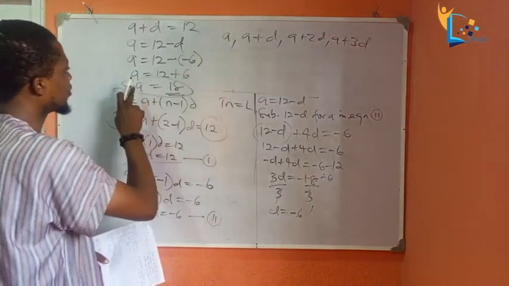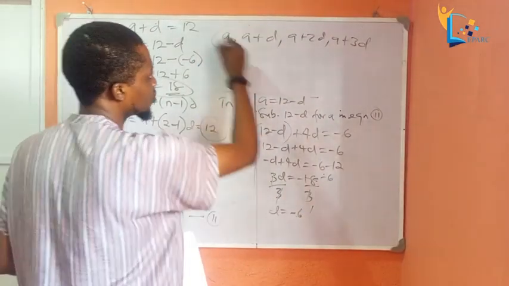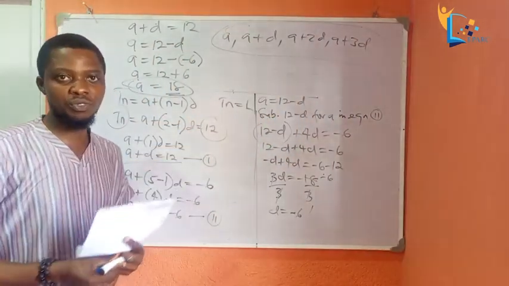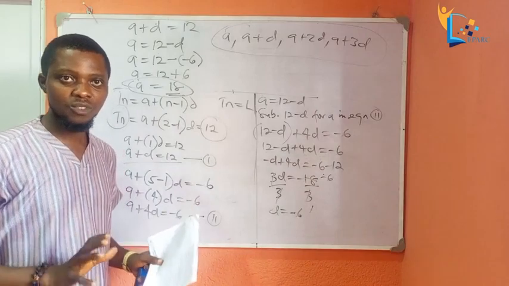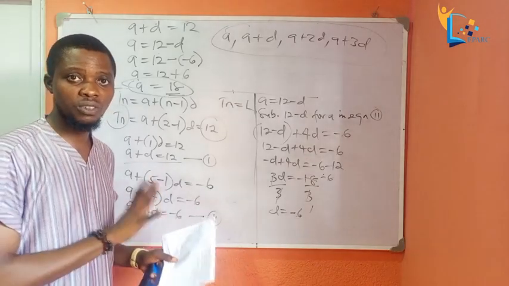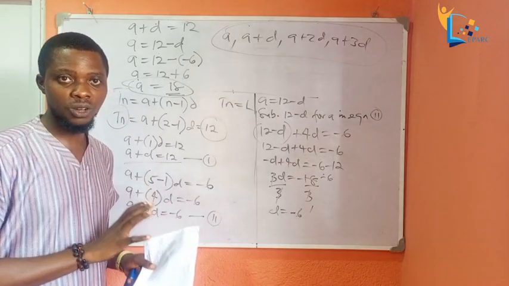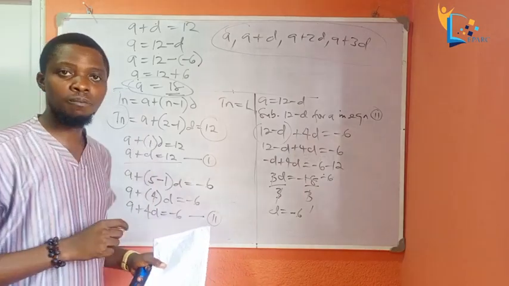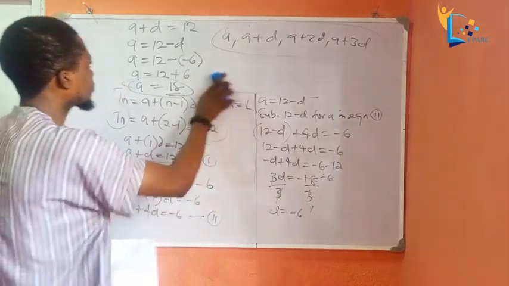So we have known what A is, we have known what D is. So substitute them here and get your progression. Then after that, you find the fourth term. Is that okay? I need you to solve that yourself so that you have a better understanding of what arithmetic progression is all about. Now let's get over to the sum of AP, okay?